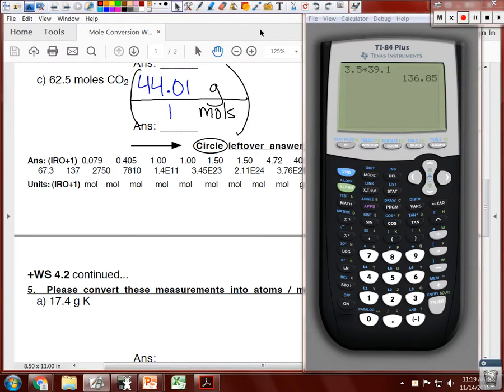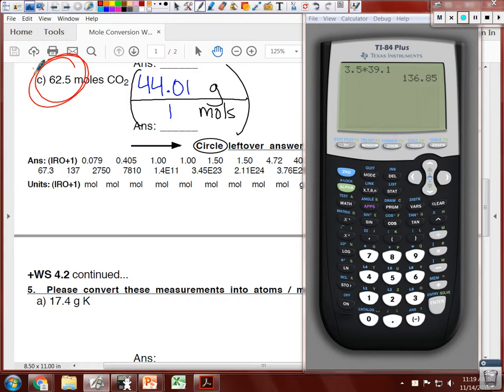If 1 mole is 44 grams, how many moles did you start with according to the problem? 62 and a half. So if 1 is 44, bingo, which is exactly what we're doing. So it has to be more than 44. In fact, it's got to be 62 and a half times more.